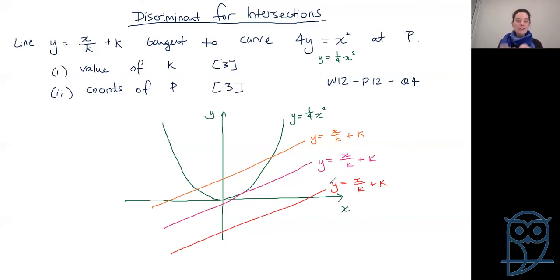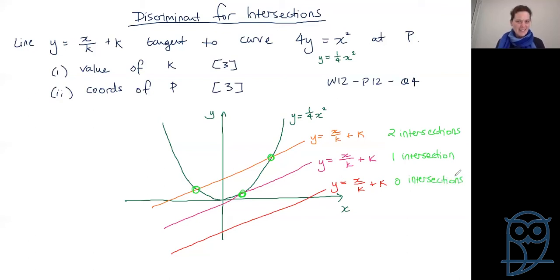We have different positions where this line could sit, and that leads to different arrangements of intersections between the line and the curve. We could have two intersections, or one intersection, or no intersections.